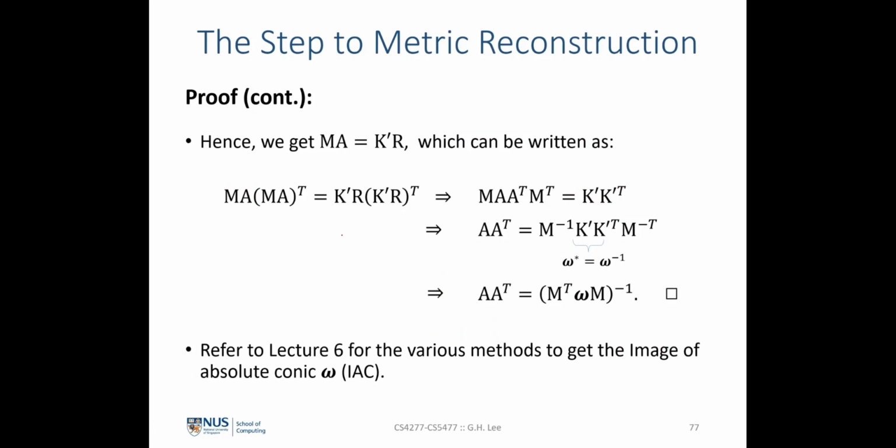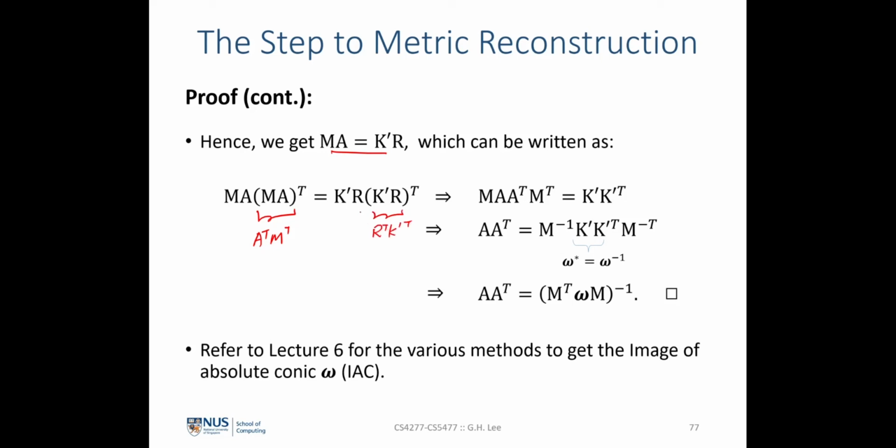So from the previous slide, we saw the relation MA equals K prime multiplied by R. This can be rewritten as MA multiplied by the transpose of itself, which equals K prime R multiplied by K prime R transpose. We can rewrite MA transpose as A transpose multiplied by M transpose, and similarly K prime R transpose as R transpose K prime transpose.